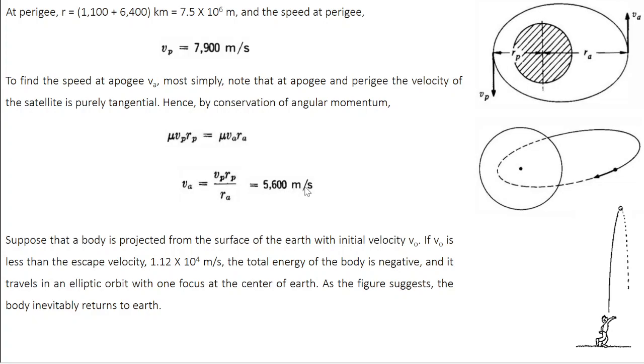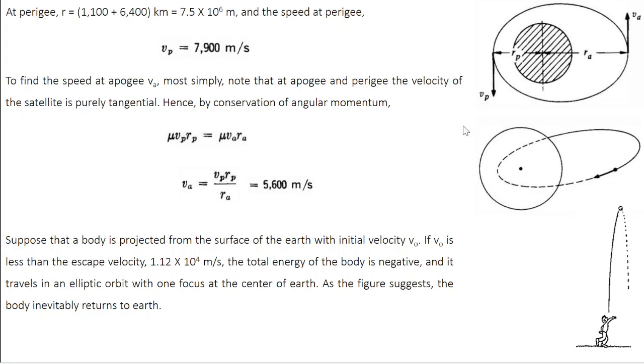There is an alternate approach, because we know that this is a central force motion and angular momentum by default is conserved here. So the angular momentum at this point is the same as the angular momentum at this point, and if you look at the orbit at these 2 points, velocity is tangential, meaning velocity is perpendicular to the radius. So angular momentum is m into r cross v. Since r and v are perpendicular, the cross product is replaced by a normal product, so you have m into r into v.